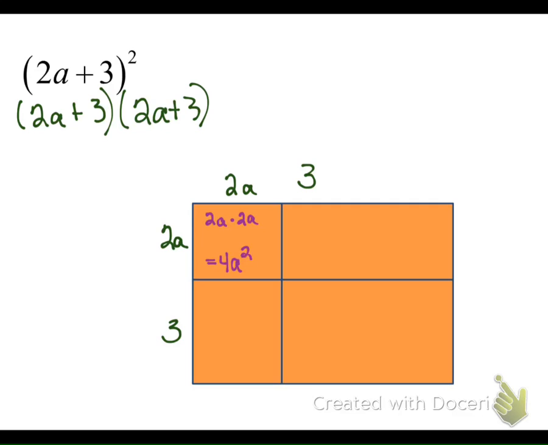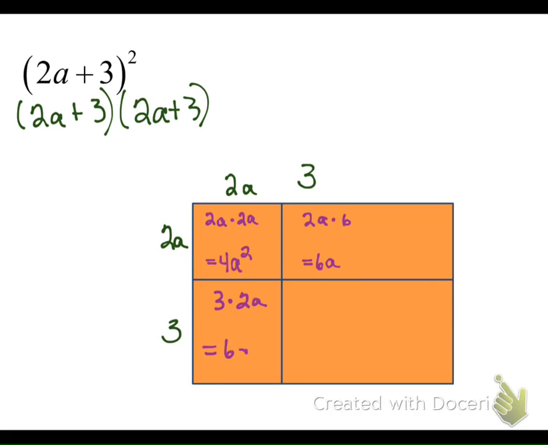David, top right. 3 times 2a equals 6a. Alex, bottom left. 6a. You're right, but always flip it. Always do your height first. What's your height? 3 times 2a equals 6a.